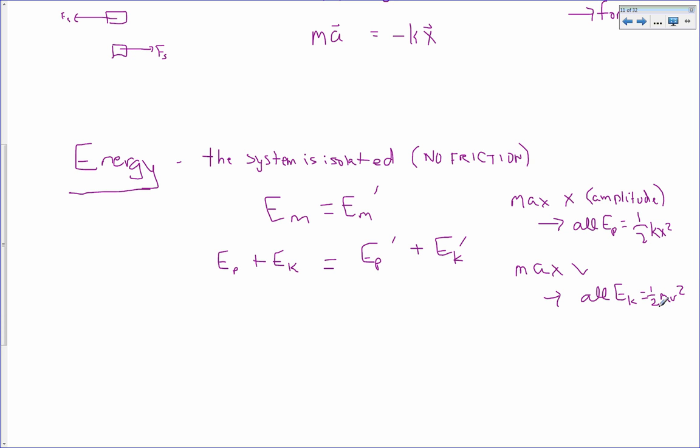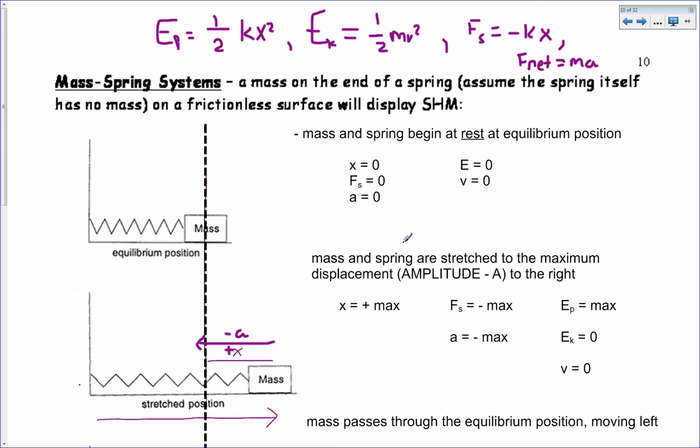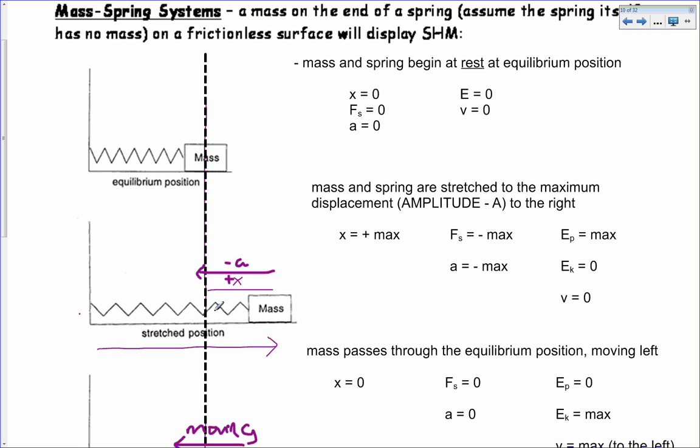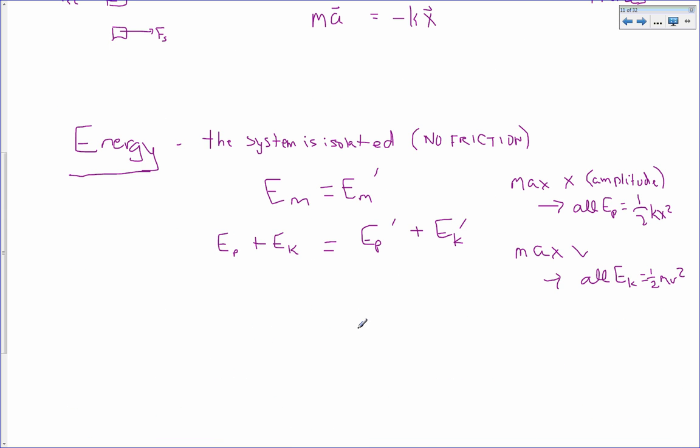If it doesn't say maximum, then you might have potential plus kinetic. Because at any point in here, there's a displacement that's less than the maximum displacement, so it's going to have displacement and velocity at the same time. So you'd have to have EP and EK. And we'll do an example that relates to that.